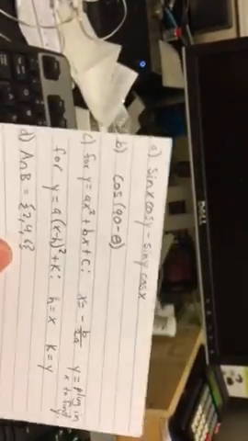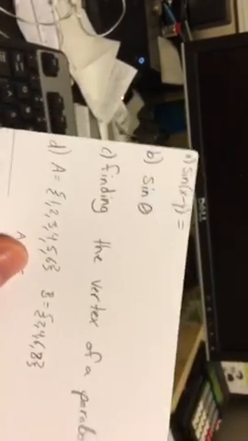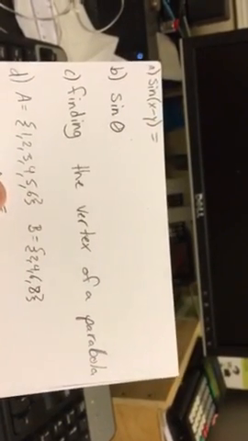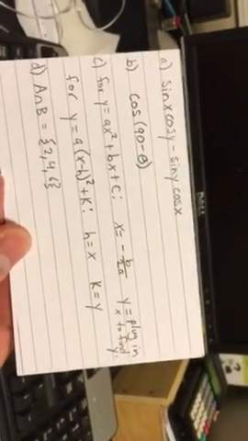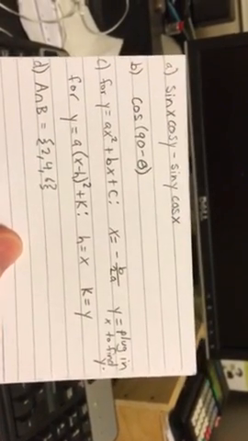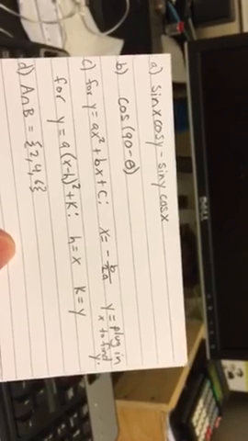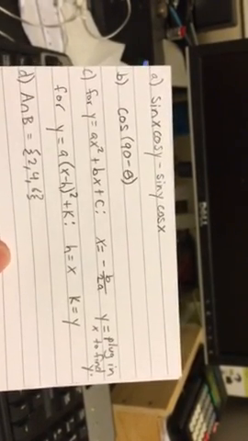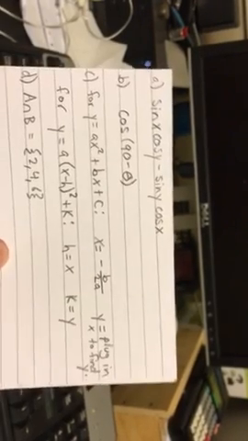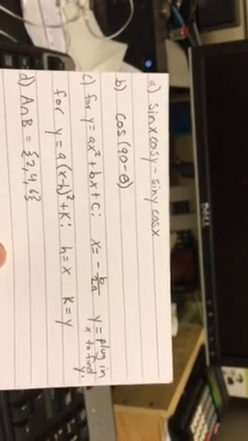Finding the vertex of a parabola. So here's your equation: y is equal to ax squared plus bx plus c. x is equal to negative b divided by 2a. For y, plug in x to find y.